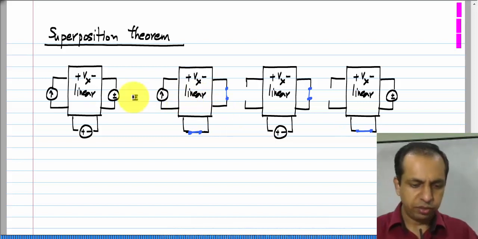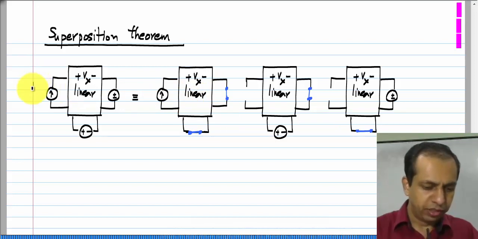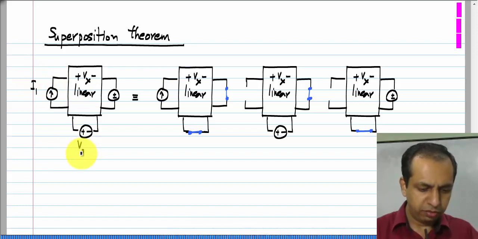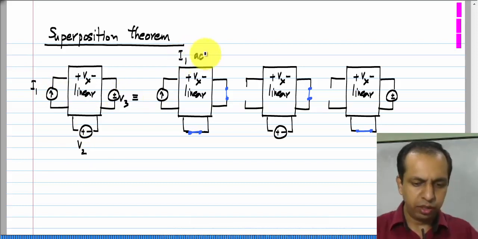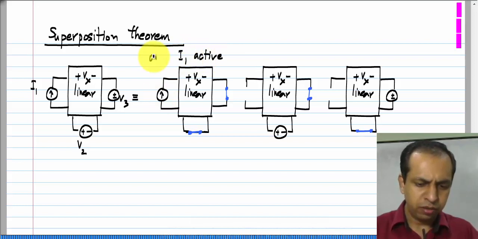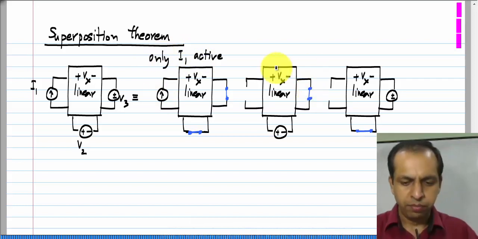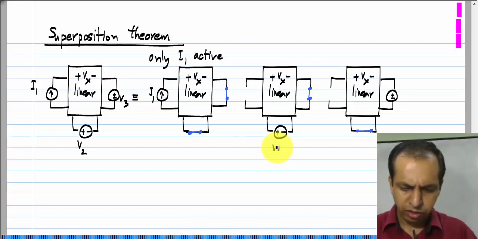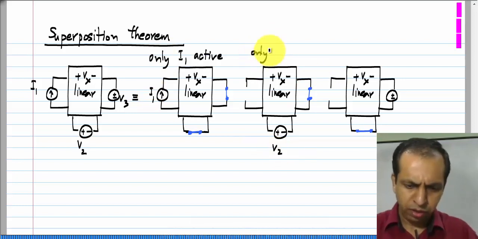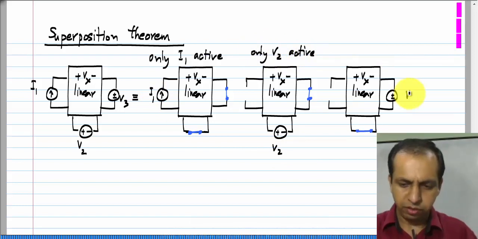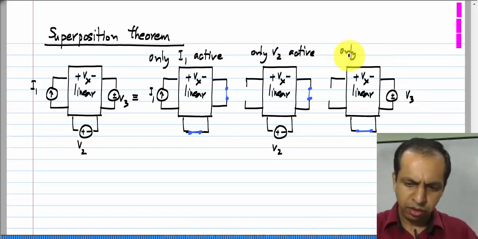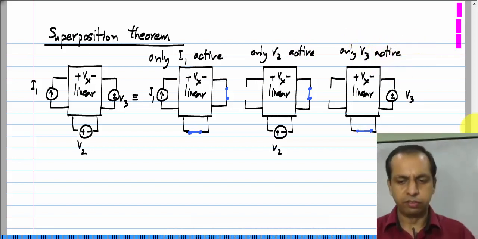The first one in which only the current source is active. So, let us say I label these I 1, V 2 and V 3. So, the first one is with only I 1 active, and the second one is with only V 2 active, and the third one is with only V 3 active.